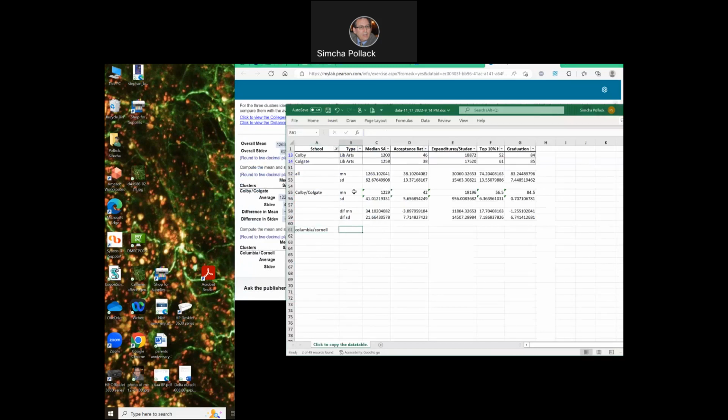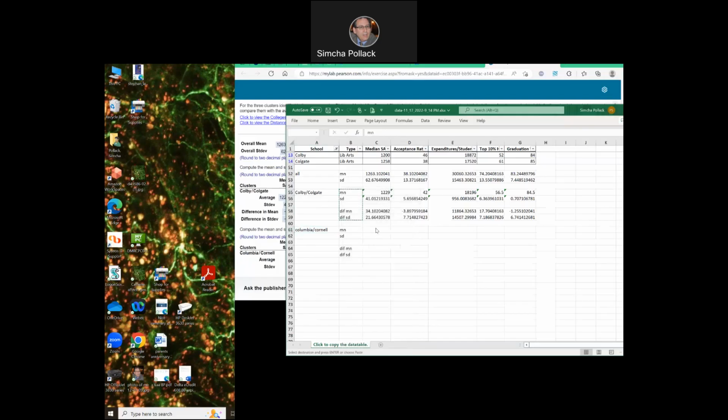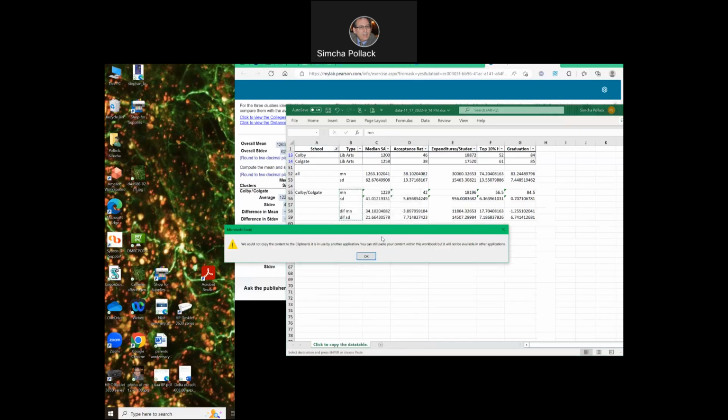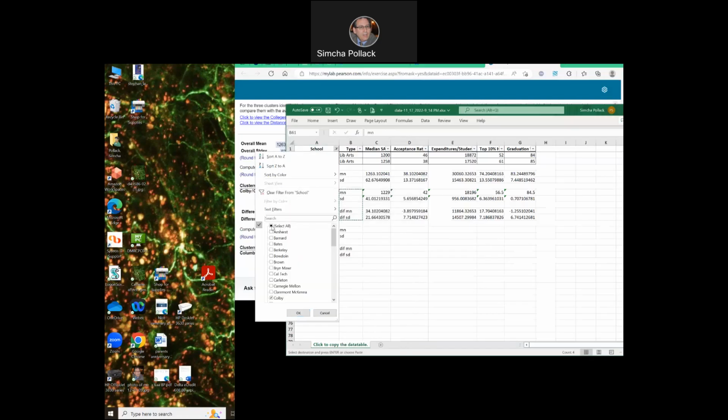You want to have these 4 columns, and these 4 rows will be calculated eventually. We have to make sure that our filter is now only going to be Columbia Cornell.